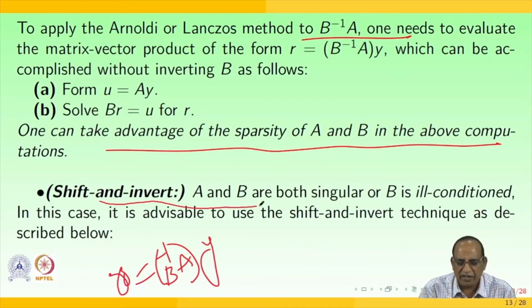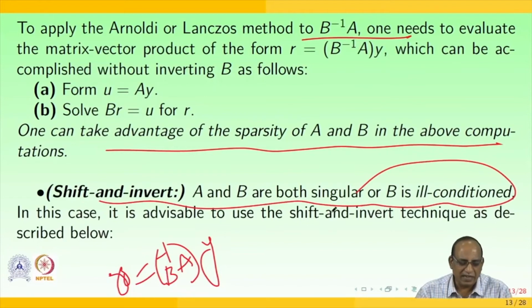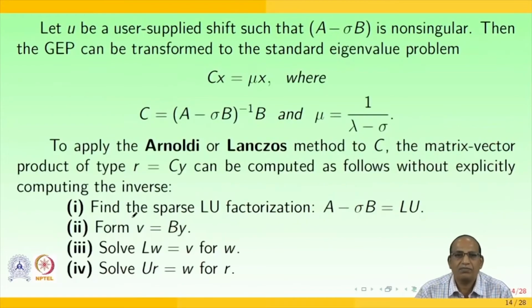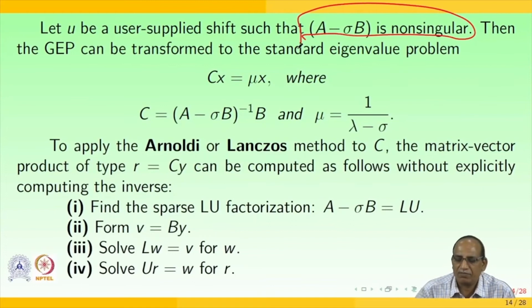Shift and invert: A and B are both singular, or B is an ill-conditioned matrix. In this case, it is advisable to use the shift and invert technique as described below. Let sigma be the user supplied shift such that A minus sigma B is non-singular.